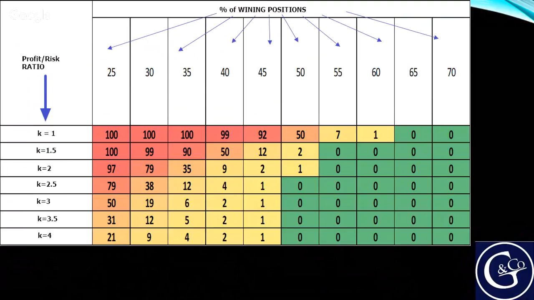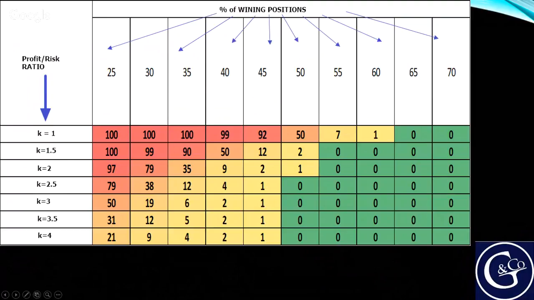And you see, if you have not so high a profit risk ratio but a big percent of winning positions, for example, more than 50, the probability that your account will reach 0 is also 0.